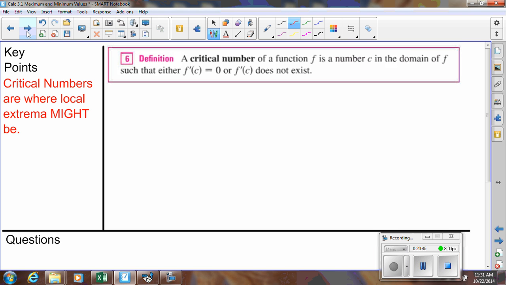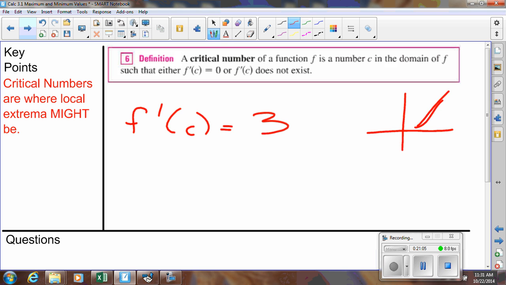If we wind up with a derivative that's like -0.5 or +5, a derivative that's not 0 and it exists, there's no way that this could possibly be a local maximum or a local minimum, because it's basically saying I've got this piece going on like that. How could you possibly get a local maximum or local minimum when the function is still going up or still going down?